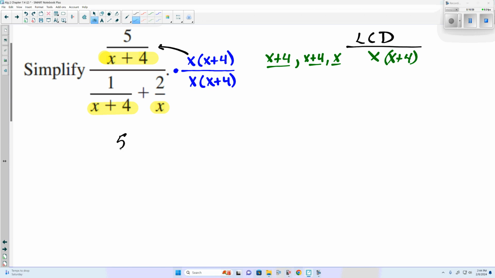We're going to have 5 times x, which would be 5x times x plus 4 over its denominator, which is x plus 4. Questions on this here? Because when we multiply a number, say 6 over 7 times 3, where do we multiply the 3 by?